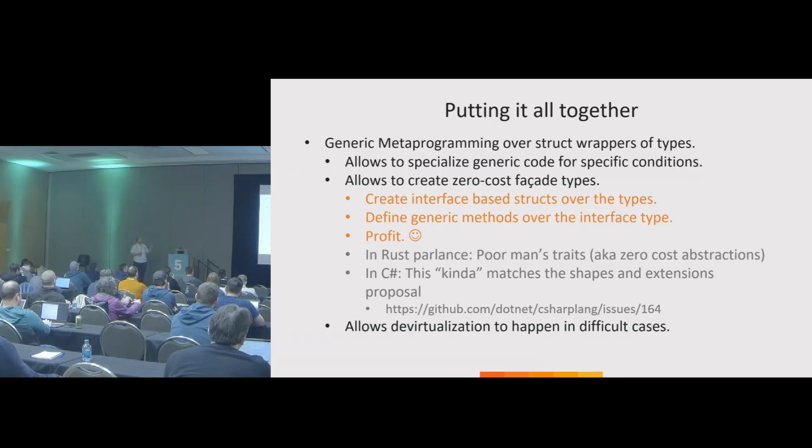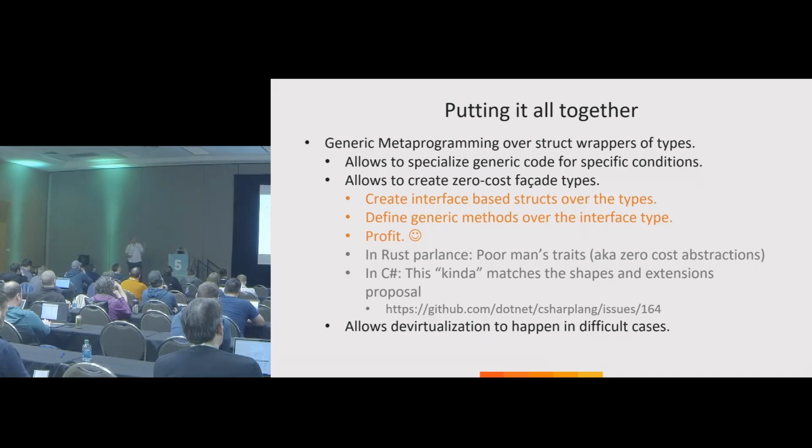But there's an interesting proposal at the language level, called shapes and extensions. If they ever implemented shapes and extensions, they could make this awesome. Because this is essentially the underlying mechanics that we are doing by hand now, that would give you the ability to do this kind of stuff.